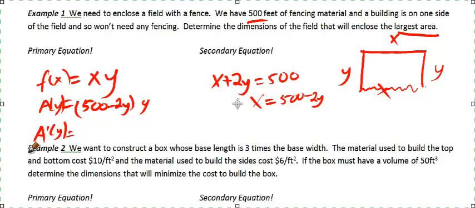Now over here you could do something silly, which would be the product rule, or you could just think of this as 500y minus 2y squared, which is a whole lot easier, because then you can just do your power rules. 500 minus 4y, and then from here you're going to find where the derivative is equal to 0 or undefined.